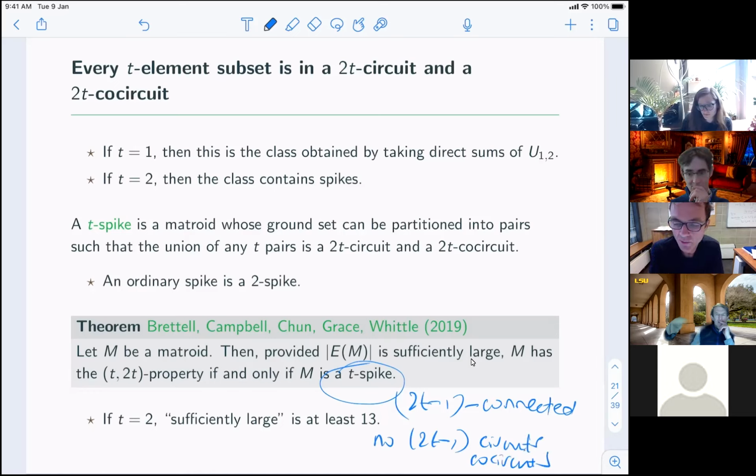And so they're interesting objects in their own right. In some sense, these are just curious problems to ask these sorts of questions. But in terms of chain theorems and connectivity, there's no reason to suspect that these T-spikes aren't going to arise and be crucial in the same way you've got wheels and whirls.